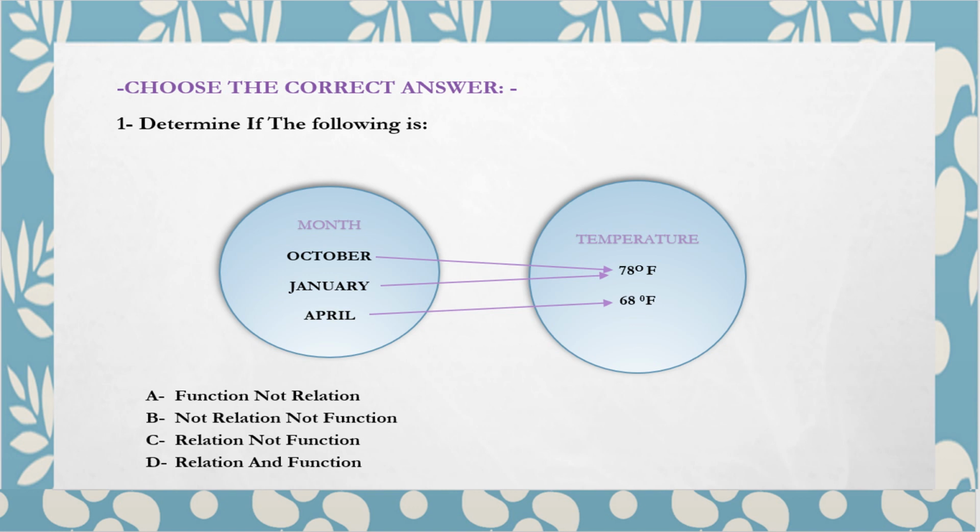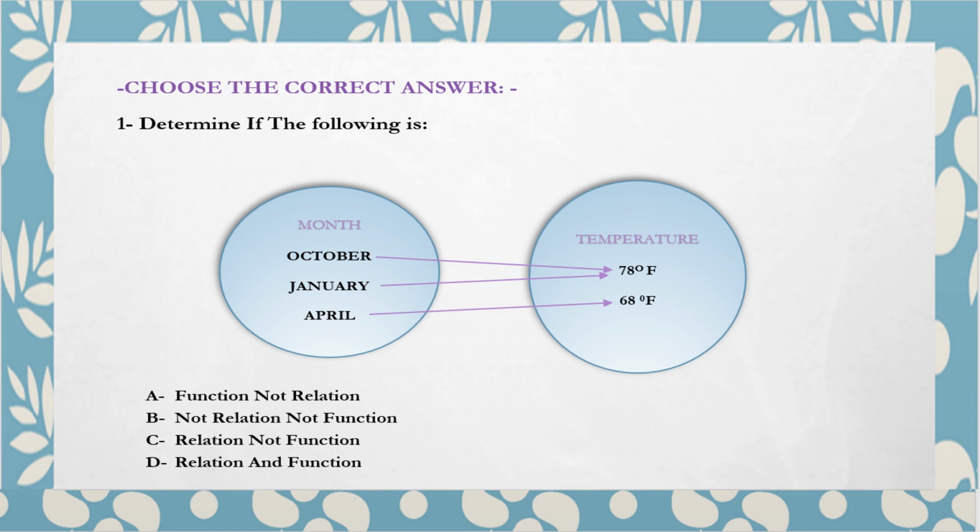The first set is the domain and the second set is the range. But each element in the domain should correspond to exactly one element in the range. If any element in the domain corresponds with more than one element, then this is not a function.